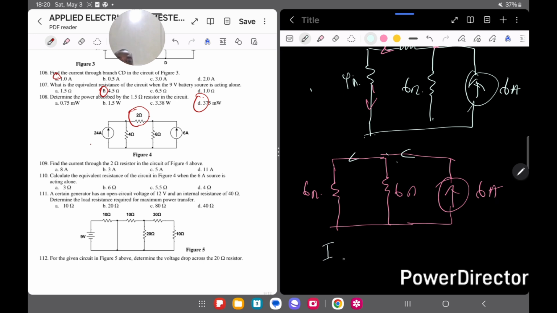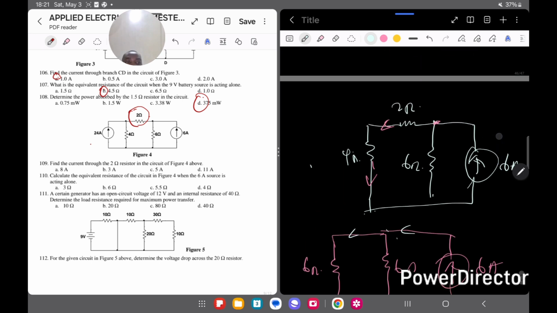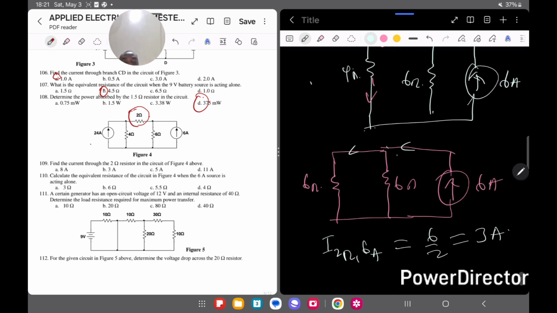The current due to 6 amps is just going to be 6 divided by 2, so we get 3 amps. Once I've done this, you come back and indicate the direction, and then you do the algebraic sum.